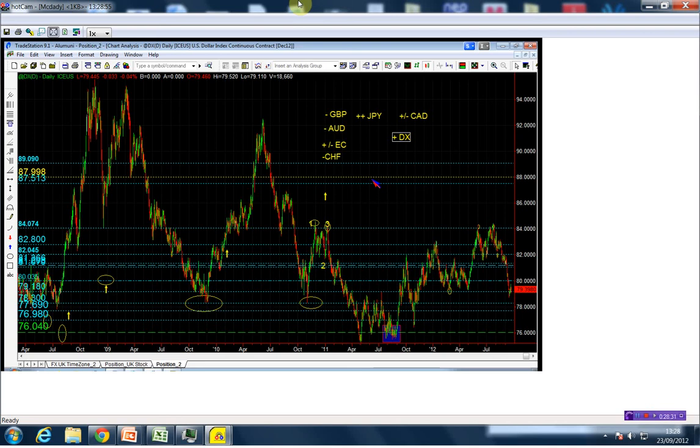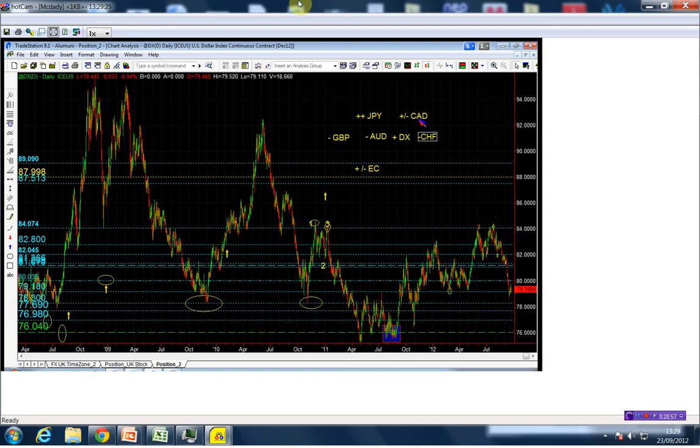We can look at going short the pound dollar. We might go long the dollar Swiss, because the dollar is up. We might see if we're going to have a buy signal on the dollar Swiss.